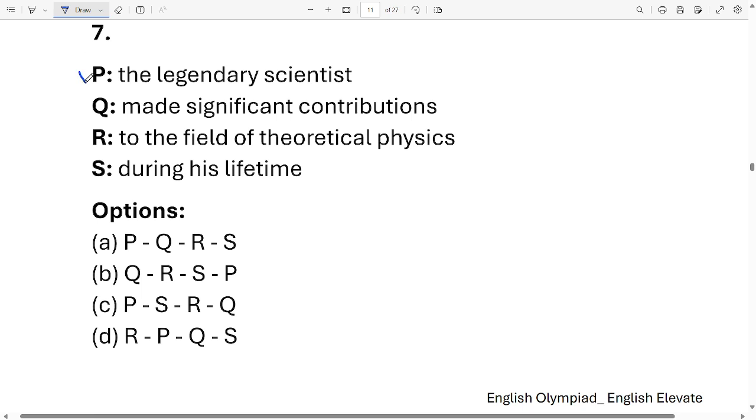First is P, the legendary scientist, then it's S, during his lifetime, made a significant contribution is third, to the field of theoretical physics. Fourth. So our combination is P S Q R.